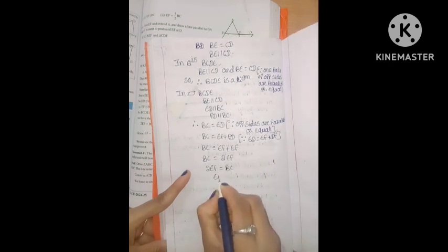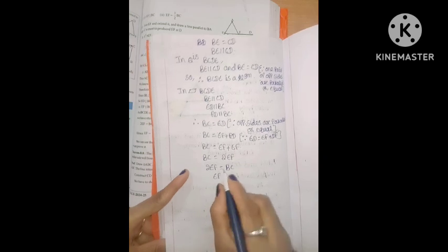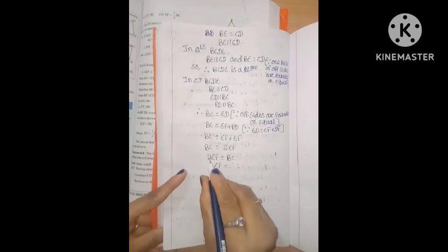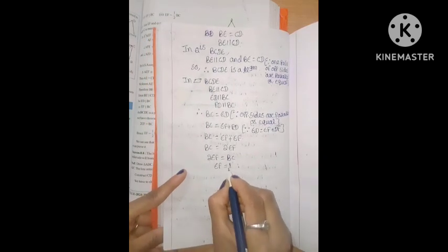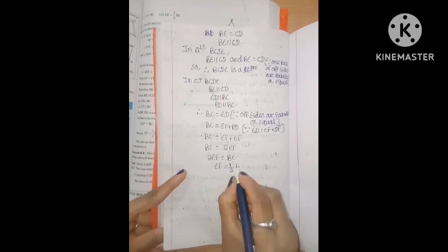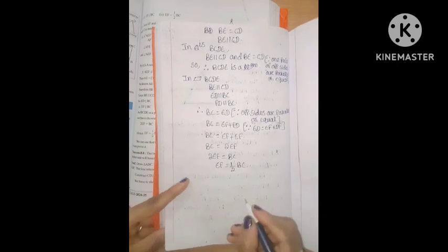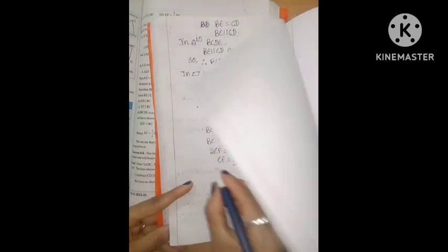Before the equal sign it is multiplication by 2; after the equal sign it becomes division by 2. So EF is equal to BC by 2. This is the second question, it is proved. Therefore, EF is equal to half of BC. Hence, it is proved. Okay, are you clear?